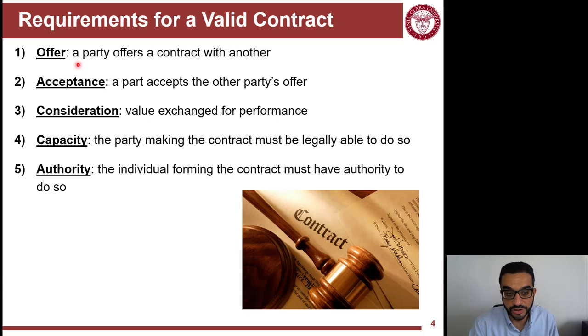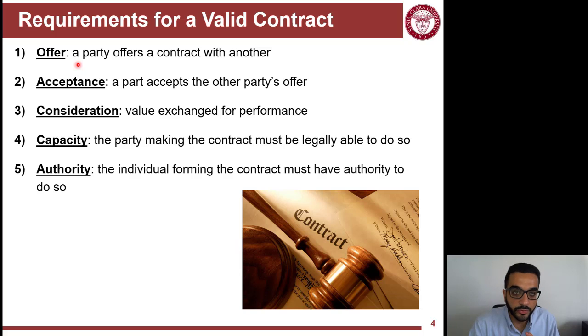Capacity is the fourth condition. So the parties getting into a contract, whether two parties or three parties, however many are involved, are legally capable of getting into such a legal interaction. So like minors cannot go into a contract. Or people who don't have the mental capacity cannot get into contracts.